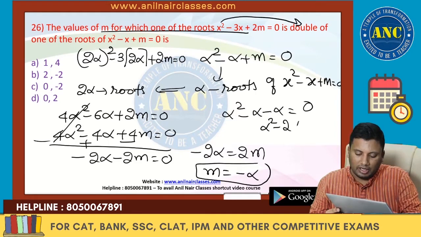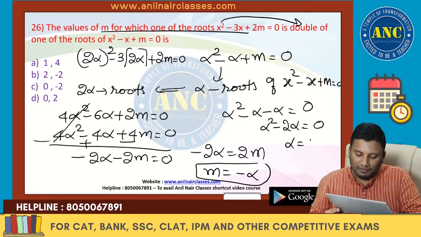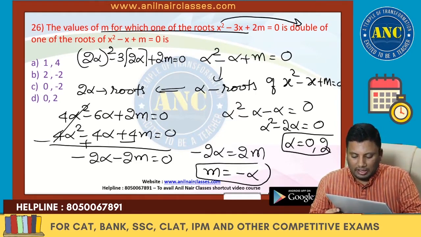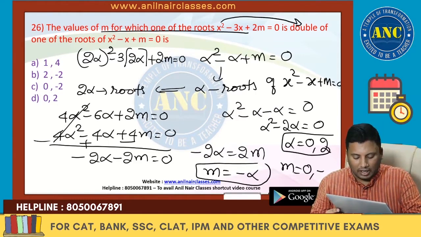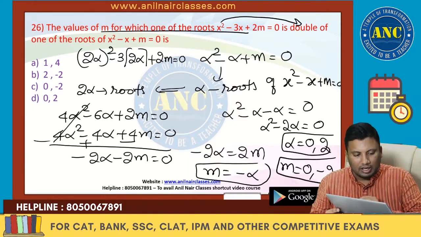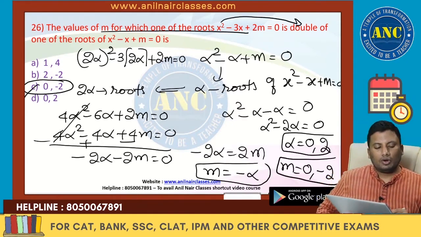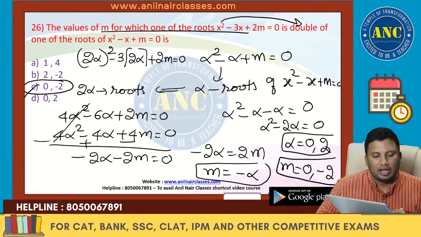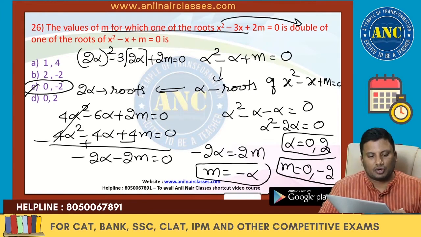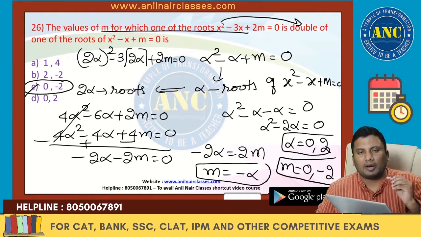Alpha square minus 2 alpha is 0. Alpha is 0 or 2. m will be 0 or minus 2. I hope the idea is clear. Answer for this question is 0 or minus 2.